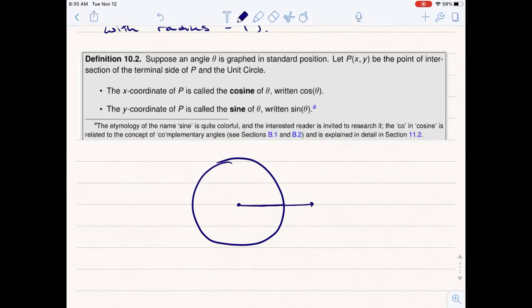And then let's say that I've got a line here, and this is my theta. I know that my radius is going to be 1, and that's going to be true all around here, right?